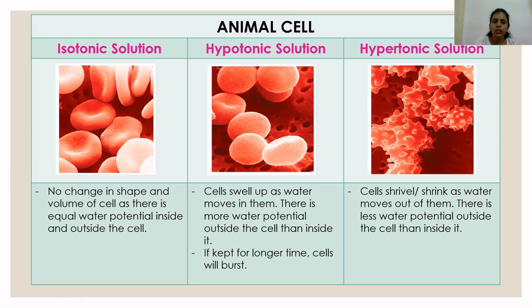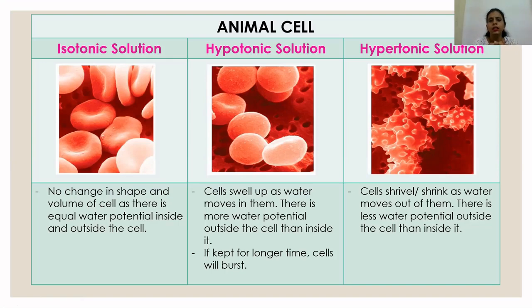And if you place it for a longer time, what will happen? The cells will burst. The animal cell will burst. If you place an animal cell like RBC in hypertonic solution, the cells will shrink or they will shrivel due to loss of water, because of movement of water from inside the cell to the outside solution.